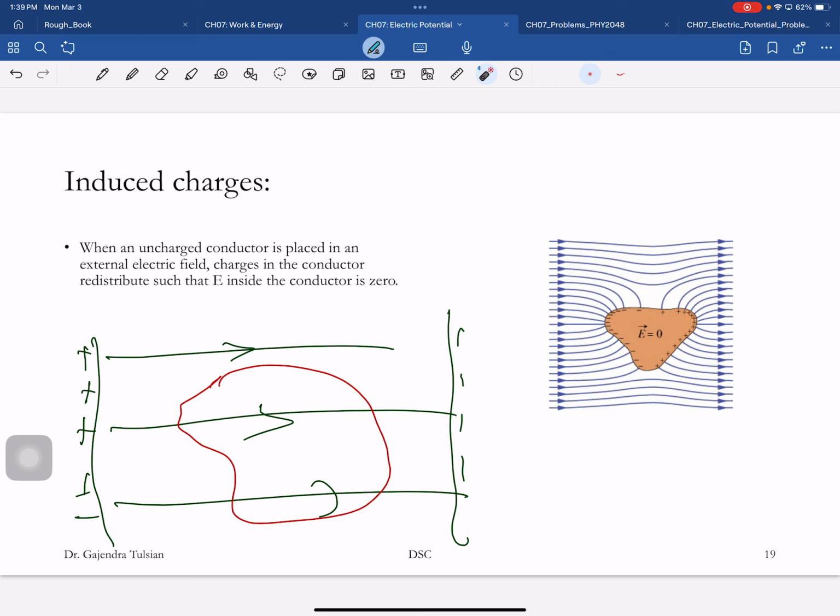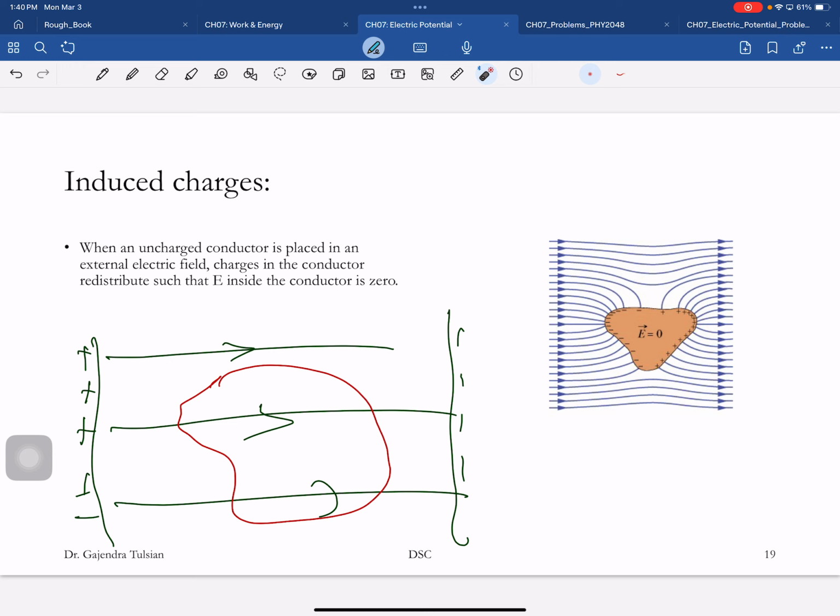And again, why did it distort? Because it wants to maintain a 0 electric field inside. So it redistributes the charges. This chunk of metal was neutral to begin with. You get a bunch of positive charge here and equal negative charge here. So a metal will distort the electric field around it.